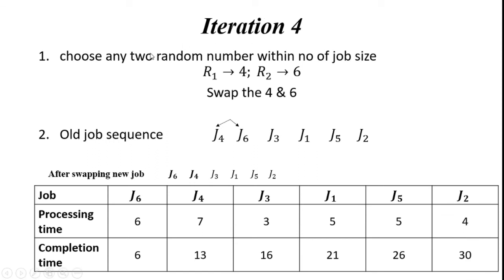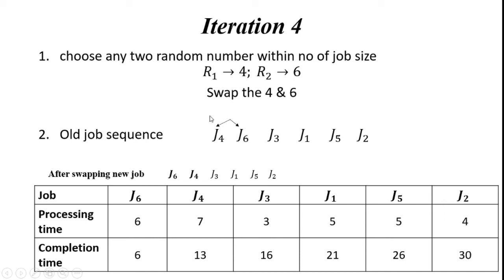For this also I can choose any random number within the number of jobs, here 6. Why do I consider the random number lying between 1 and 6? Because the job number is 6, so I generate random numbers from 1 to 6: random number 1 is 4, random number 2 is 6. So swap jobs 4 and 6 with each other.